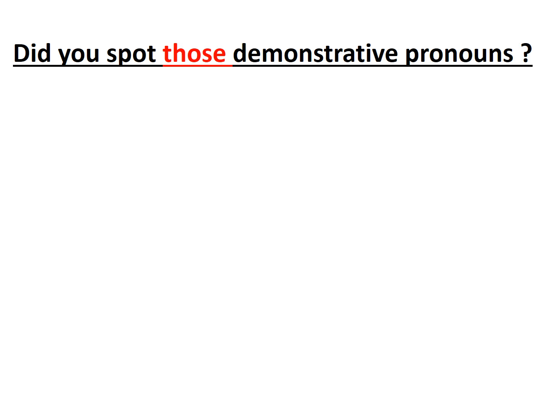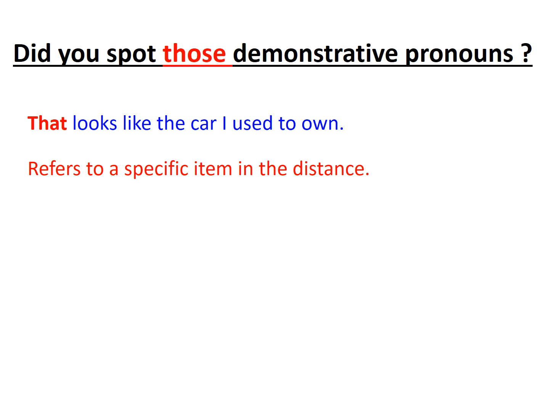So, did you spot those demonstrative pronouns? Well done if you noticed that looks like the car I used to own. That refers to the specific item. In this case, it's the car. And it's close by. It's as if the person speaking can see it. This is my first bike. The person speaking is pointing out this specific bike that's close by is theirs.